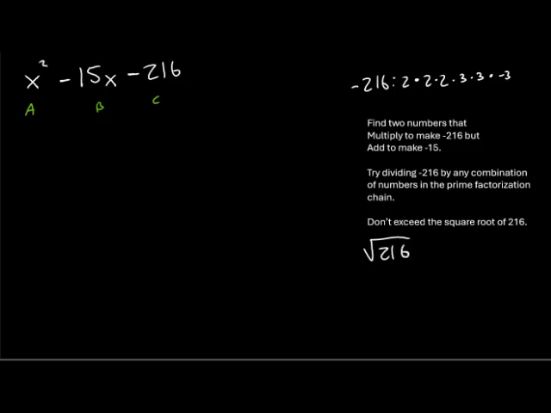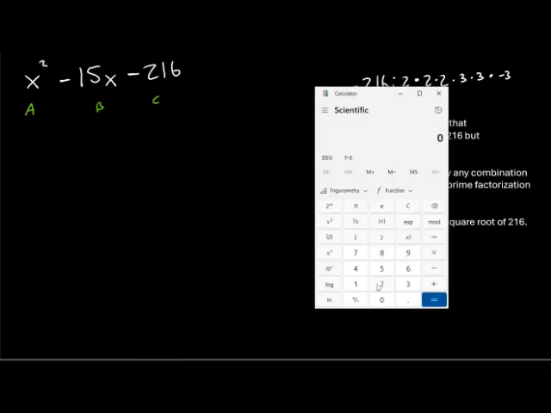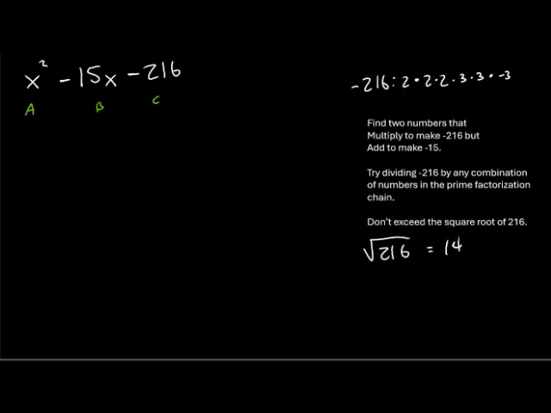If we have the square root of 216, you will almost certainly need a calculator to find it. I'll bring mine up now. We'll say 216 and press square root, and we get 14.697 if we round it. And bearing in mind that we're only going to use whole numbers, this means in our experimentation we are not going to go above 14.